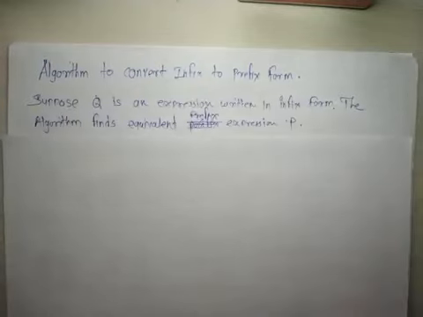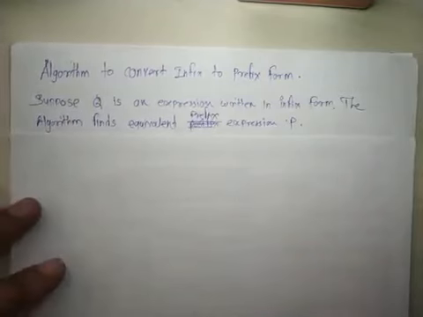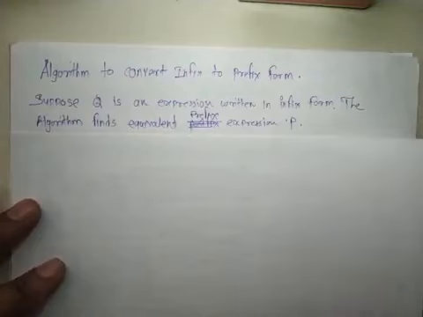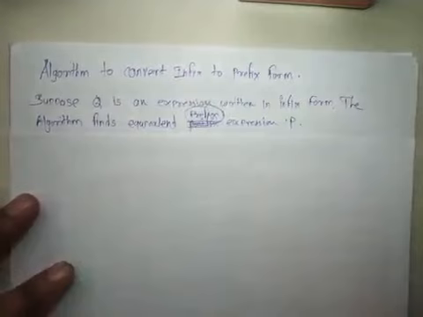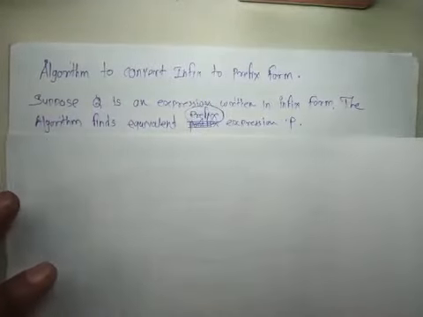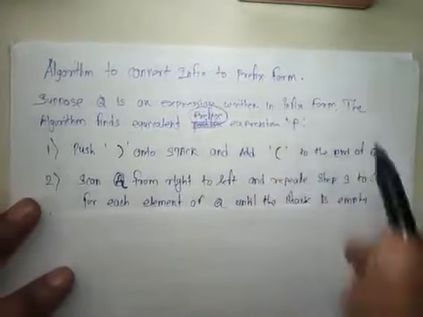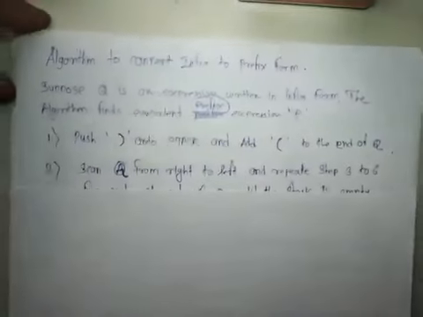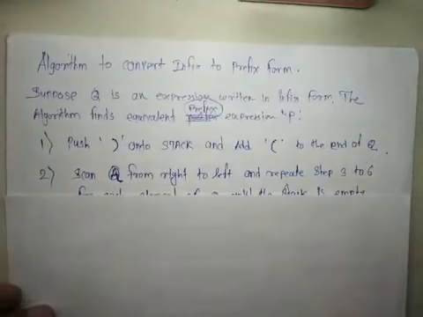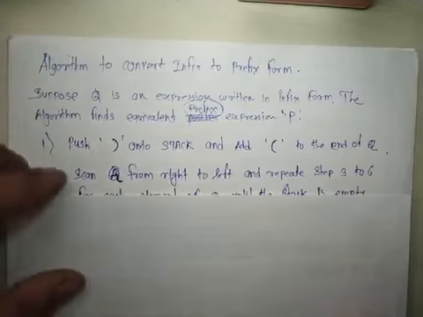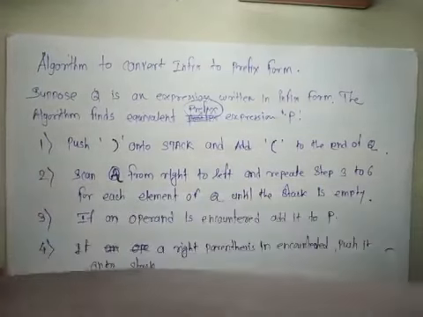Suppose Q is an expression written in the form of infix. The algorithm basically finds the equivalent prefix expression, that is P. This prefix algorithm is basically like the reverse of infix to postfix conversion.